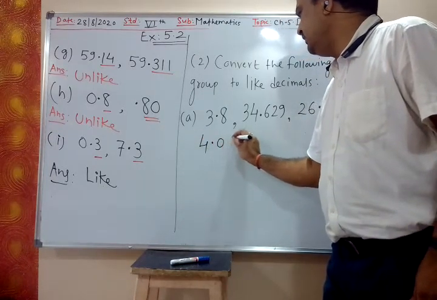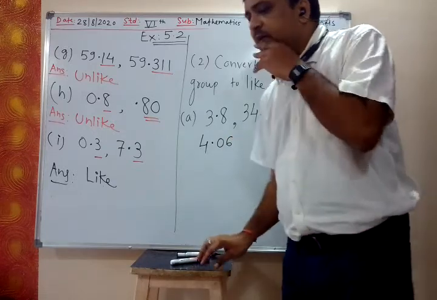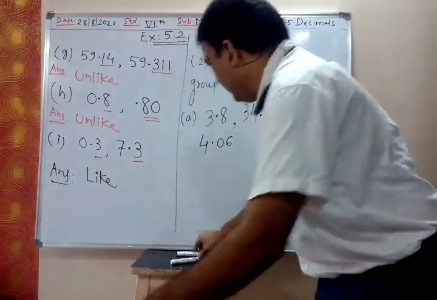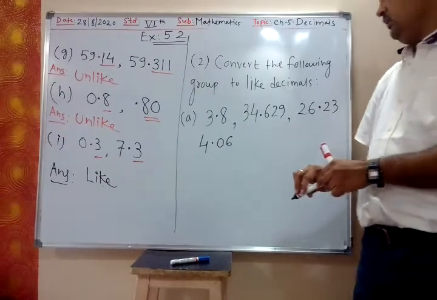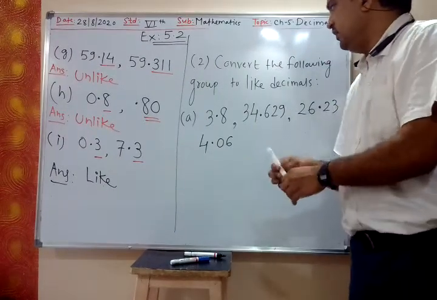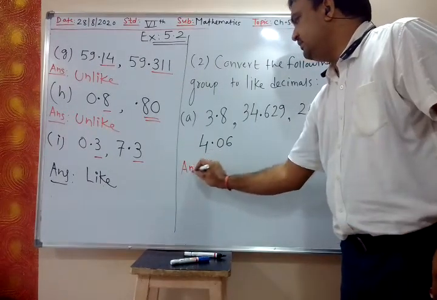There are 4 numbers given. Convert them into like decimals.